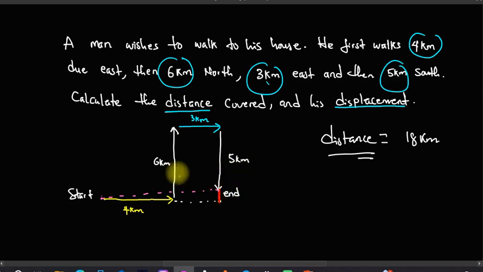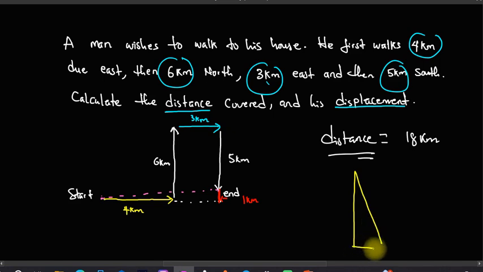Why is it 1 kilometer? If from here to here is 6 kilometers and from here to here is 5 kilometers, it means this distance here is 1 kilometer.